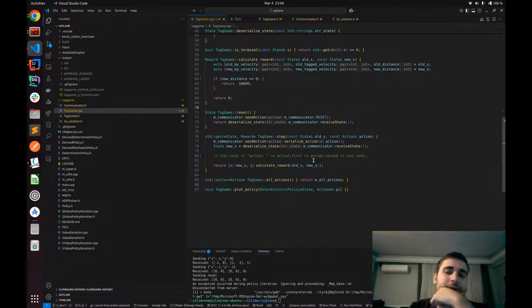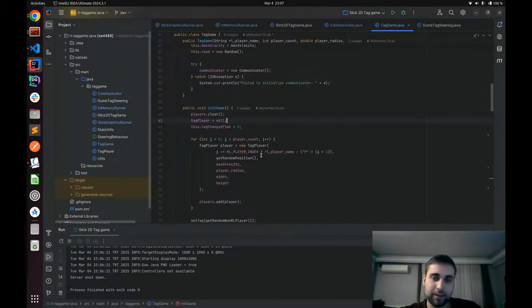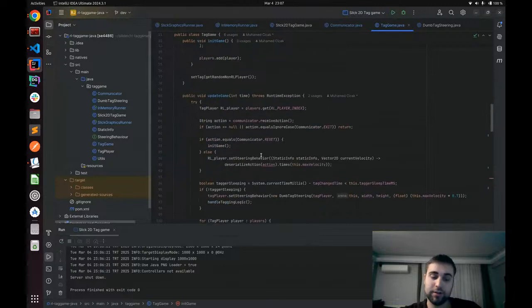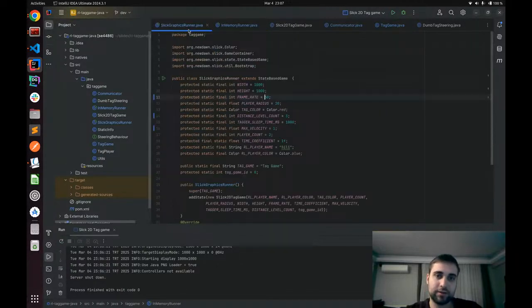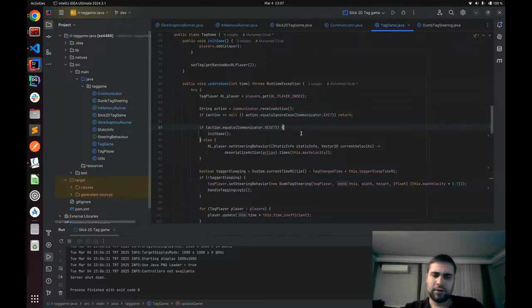So the problem is the reset function returns a terminal state, which should never happen. And that is bizarre. I don't know how that is happening. That should never happen. Oh, what the heck?